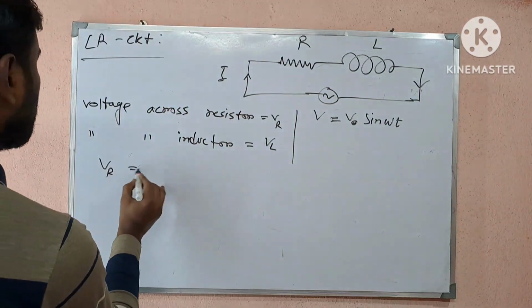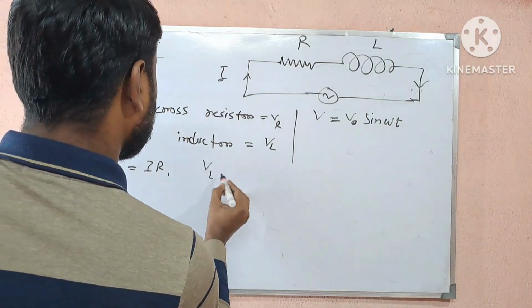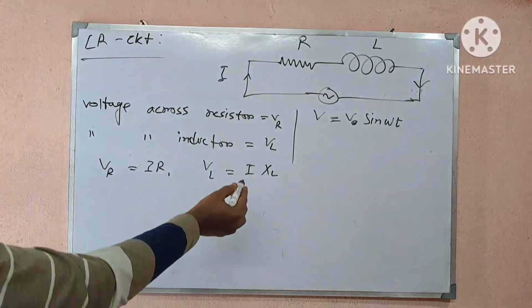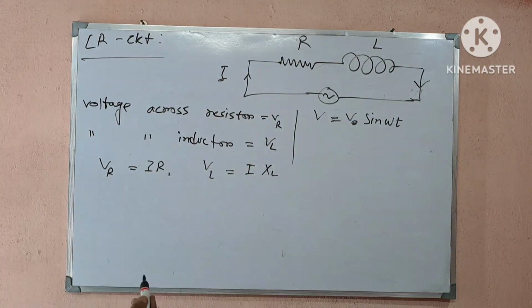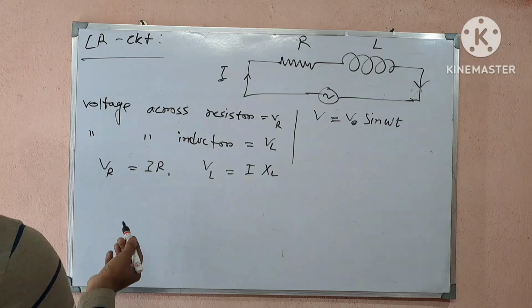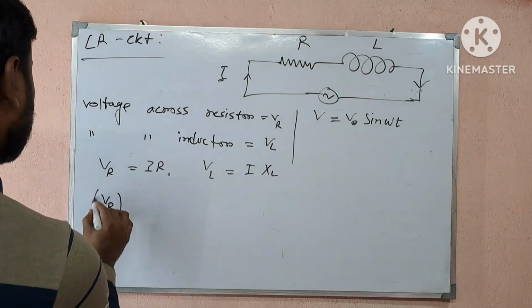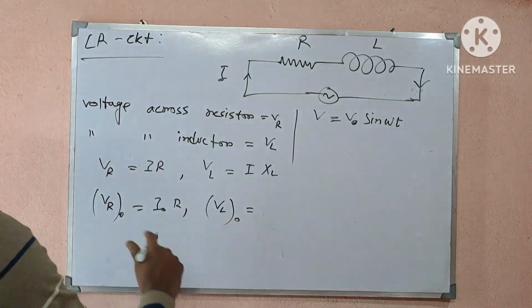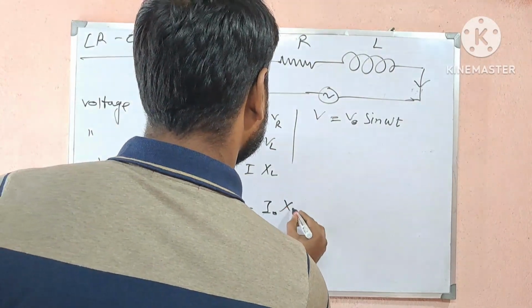So VR is equal to IR and VL is equal to I chi L, because for inductor, chi L or inductive reactance behaves as the resistor. So if we write the peak value, then the peak value of voltage across resistor will be I naught R, and peak value of voltage across inductor is basically I naught chi L.